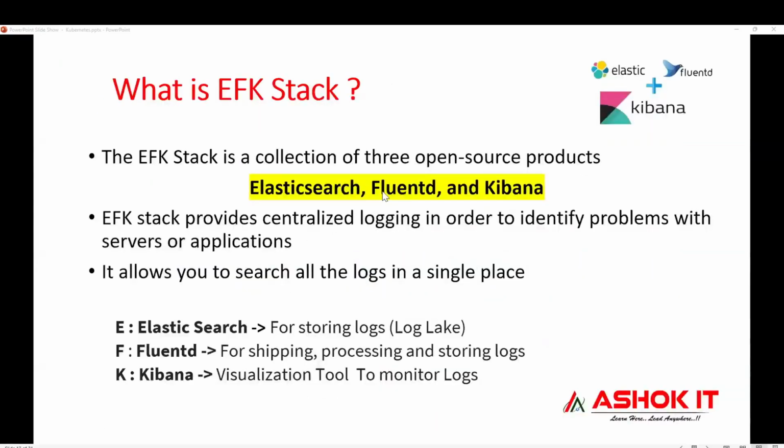In EFK, we are using Fluentd. In ELK, instead of Fluentd, Logstash will be available. Fluentd is more advanced when compared with Logstash. Some people will go with ELK, some people will go with EFK. Elasticsearch and Kibana are common. The middle software differs. You can just Google Fluentd versus Logstash. Fluentd is more advanced than Logstash.